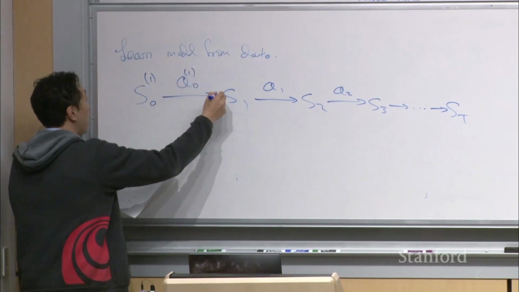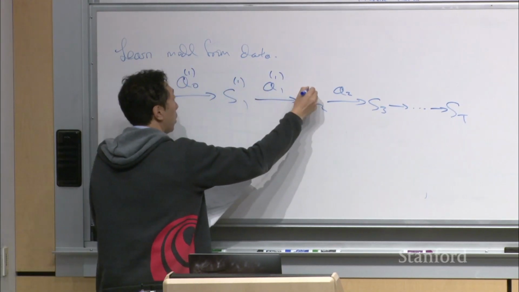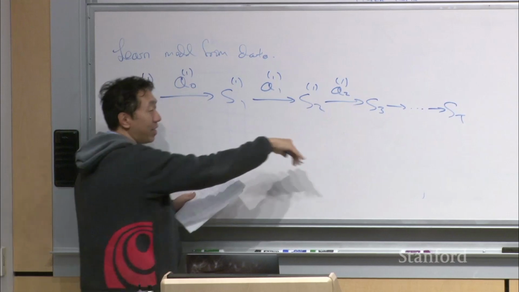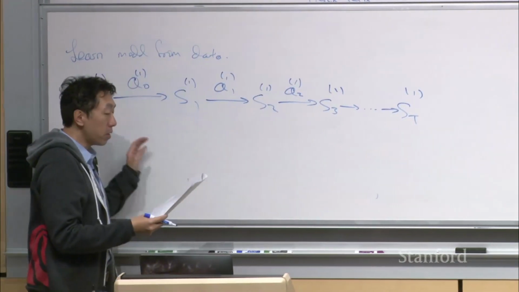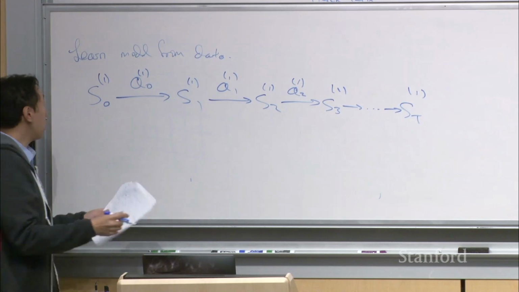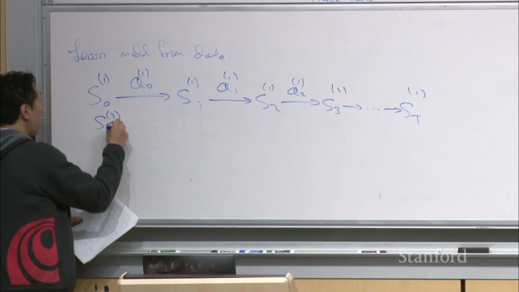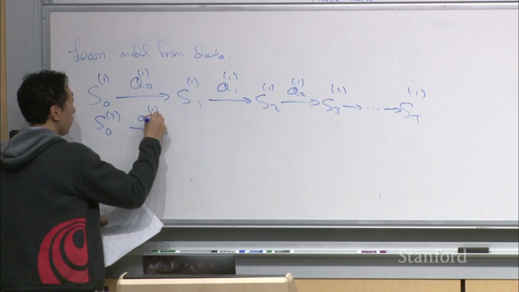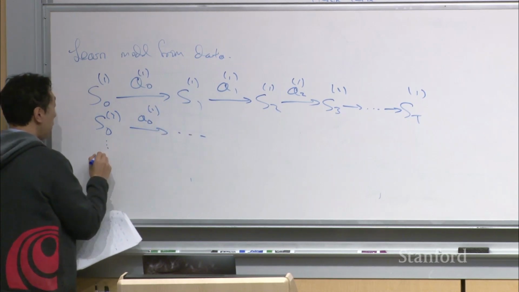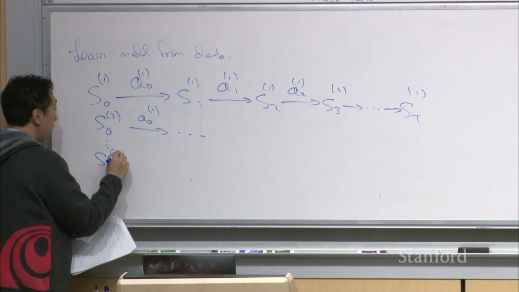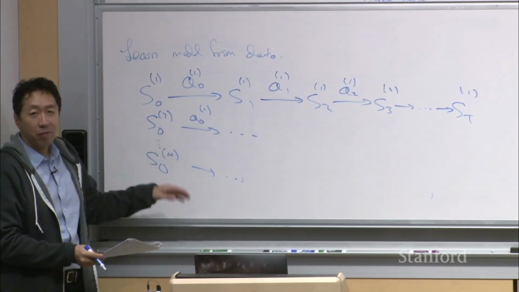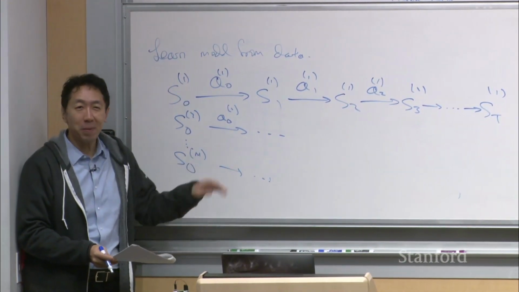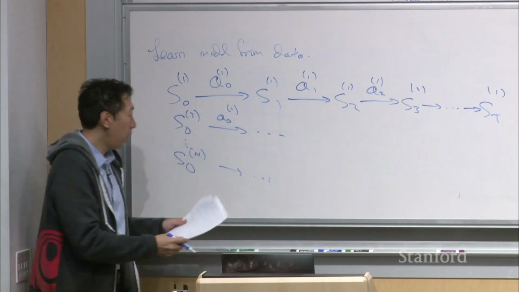So let me use a superscript 1 to denote the first trajectory. So you do this a second time, right, and so on, and maybe do this m times. So this is just a lot of math of saying fly the helicopter around, m times, right, and then record everything that happened.